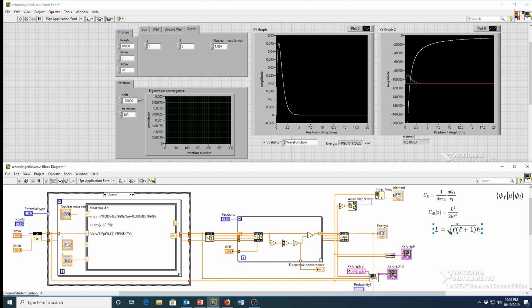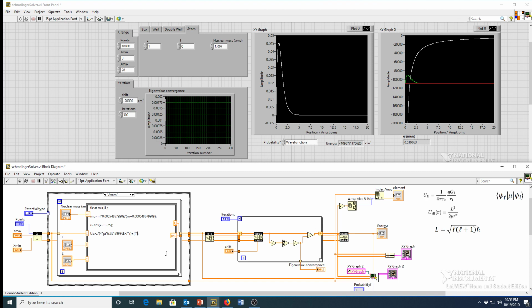The angular momentum in the quantum world is the square root of the angular momentum quantum number times the angular momentum quantum number plus 1, times h bar. So we can type that in here. We'll add another term to our potential to account for this effective centrifugal potential.